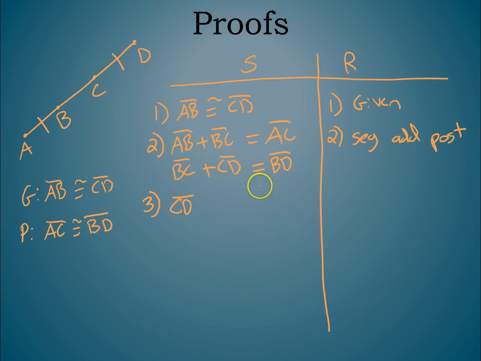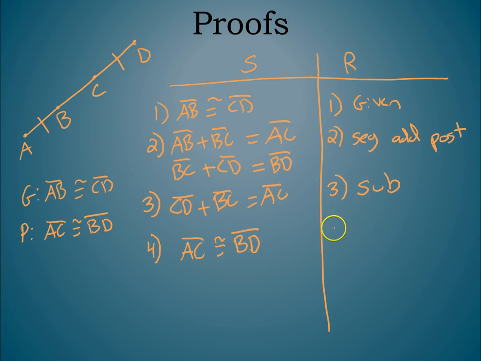So that becomes CD plus BC equals AC, by simply substituting in equal segment CD for AB. Now I notice my left-hand sides are both the same, therefore my right-hand sides, AC congruent to BD, must also be the same. Again, that's our substitution property. Alright, so there's our third proof.